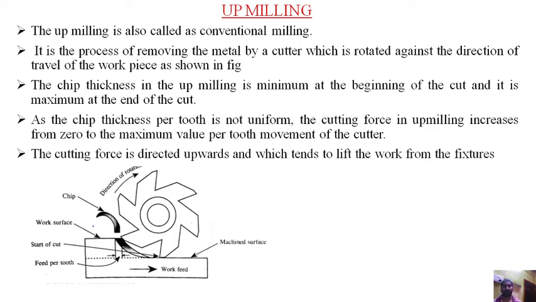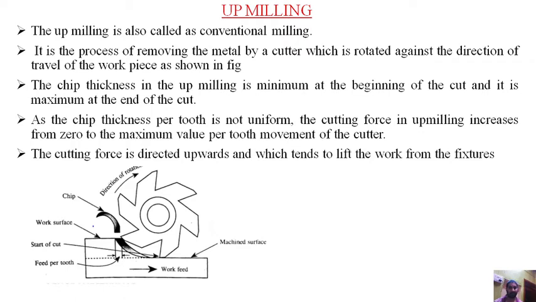So the cutting force is not uniform in the case of up milling, because the chip thickness is small at the beginning and maximum at the end. The cutting force increases from 0 to a maximum value per tooth movement of the cutter. The cutting force is directed upward.